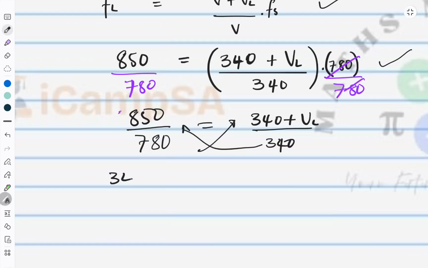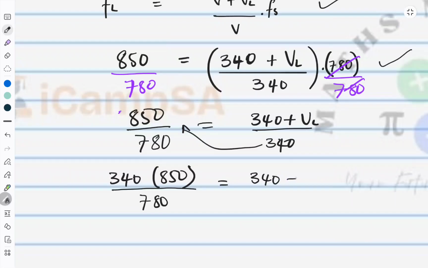In fact, you don't have to cross multiply both sides, you just take the 340 to that side. 340 times 850 over 780 is equal to 340 plus VL. The nicest thing about cross multiplying is you don't have to always exchange the numerators and denominators.